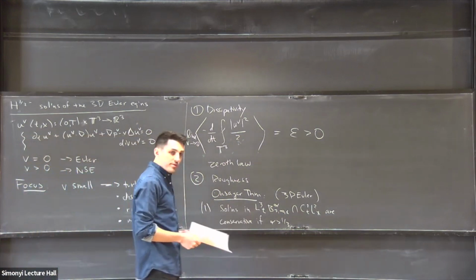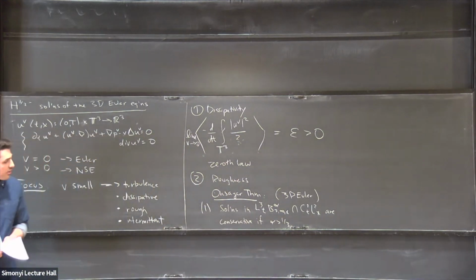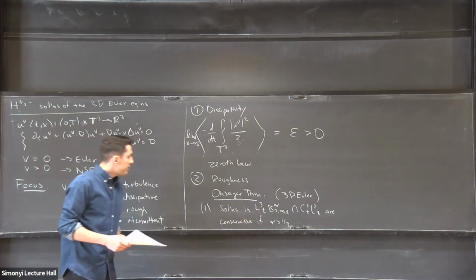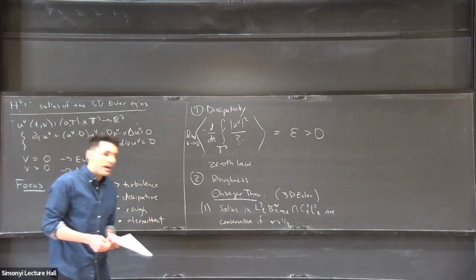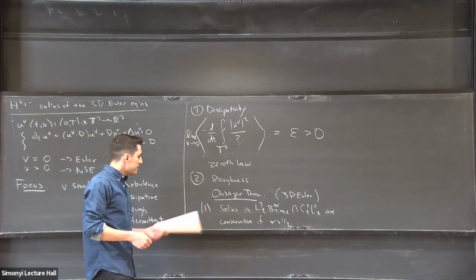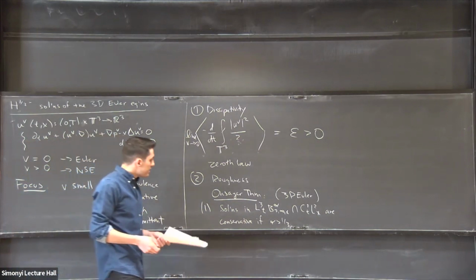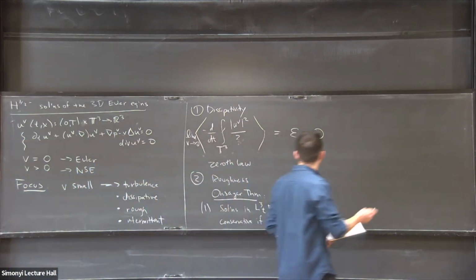And the proof of this is due to Constantin, E, and Titi after an earlier contribution by Eyink. And one can see refinements or strengthenings of this statement in papers of Duchon and Robert, or Cheskidov, Constantin, Friedlander, and Shvydkoy.